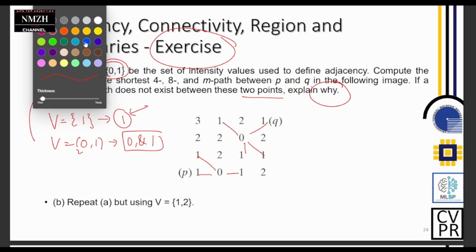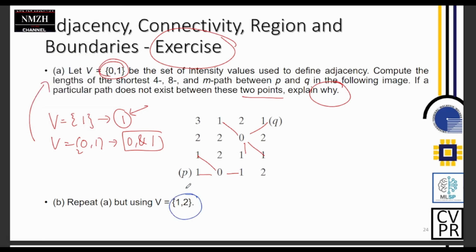Then again, if we talk about 1, 2, now follow the blue line. So 1, 2 is different, guys. I just put it this way. 1, 2 is with regard to this area.